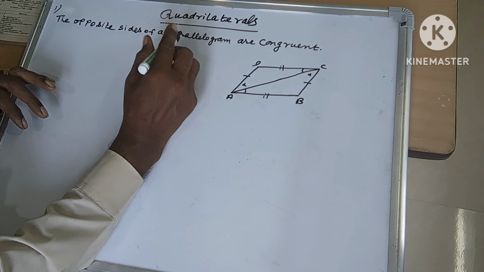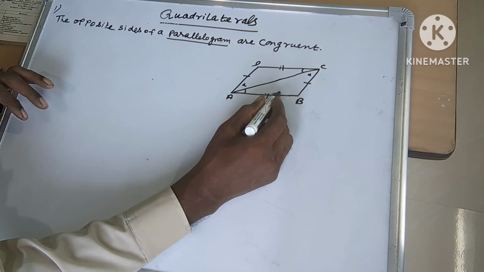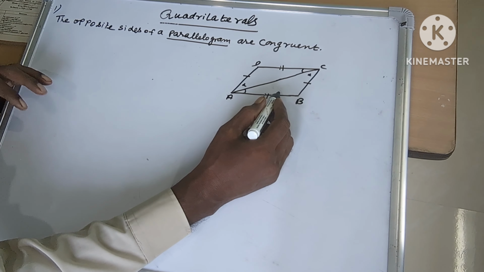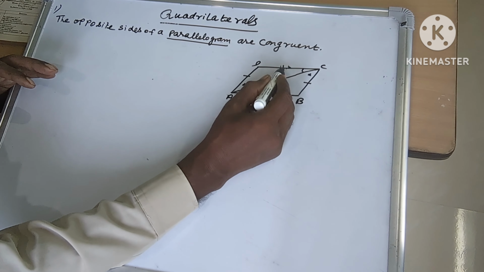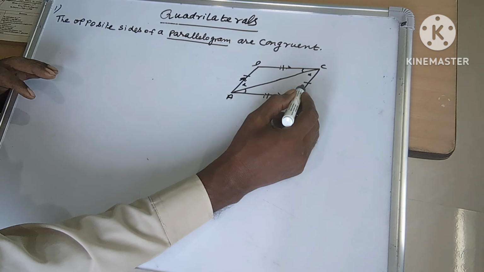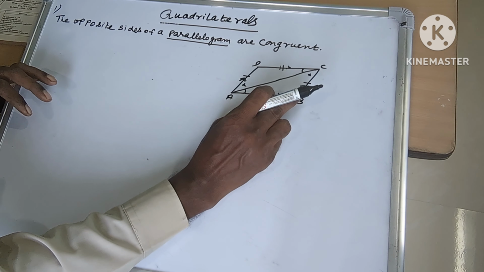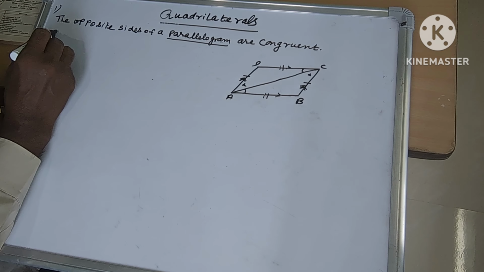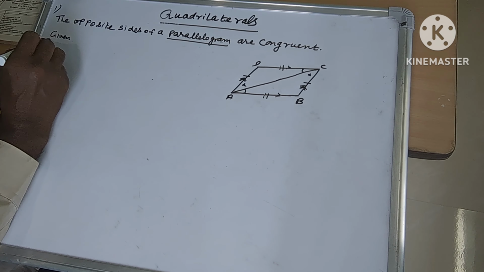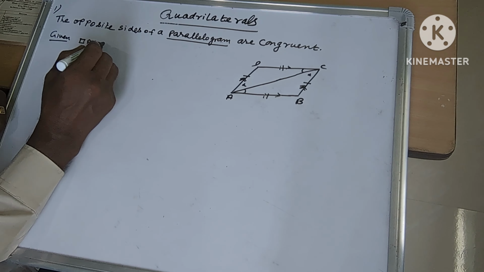The opposite sides of a parallelogram are parallel. Parallelogram is given, so we assume these two are parallel, and this way also, these are parallel. Now we prove these parallel sides are congruent. Before that, what is given? Quadrilateral ABCD is a parallelogram.